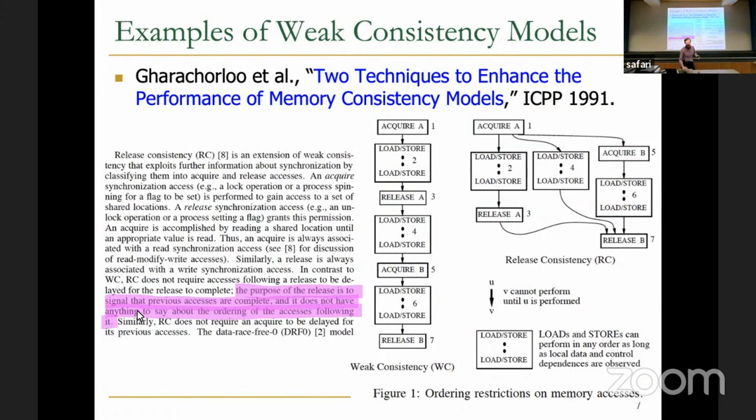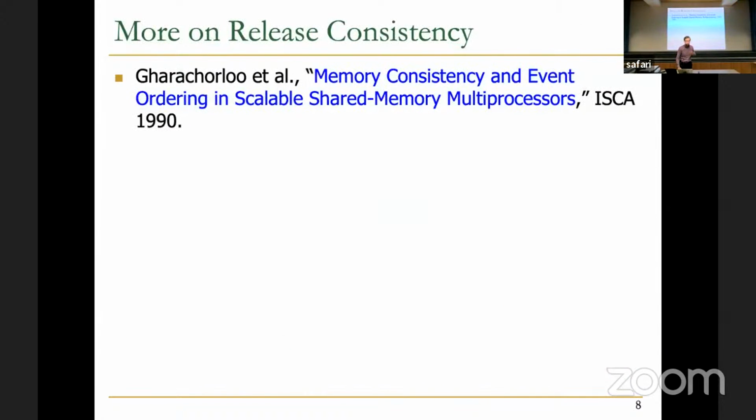It does not have anything to say about the ordering of the accesses following it. The accesses that come after it are not on shared data, essentially, until you get another synchronization operation. So basically, people have realized that if you mark the synchronization operations and just order them in your memory consistency model, then that's enough, as long as you're perfect at marking your synchronization operations.